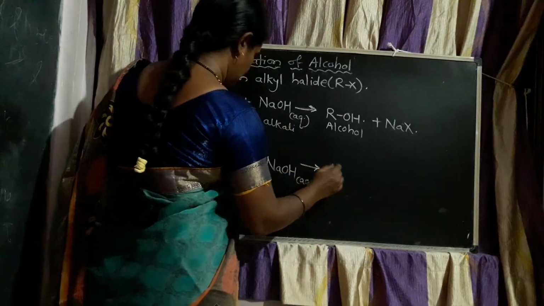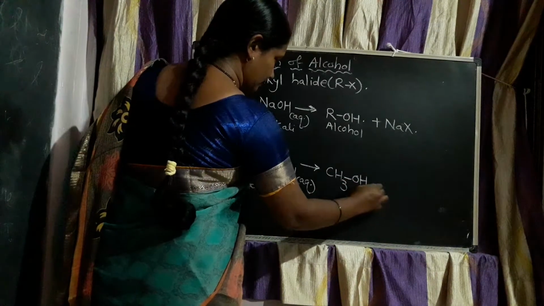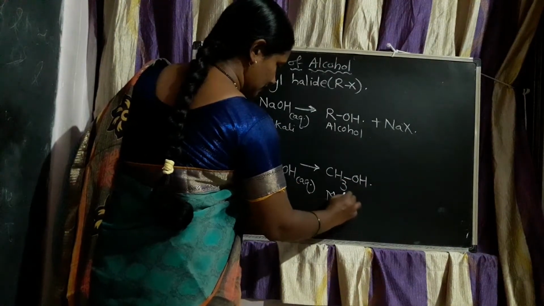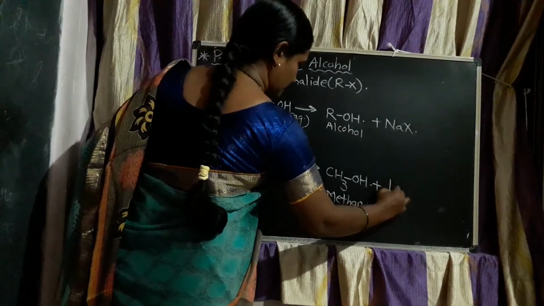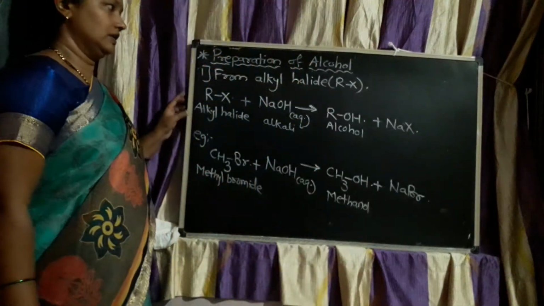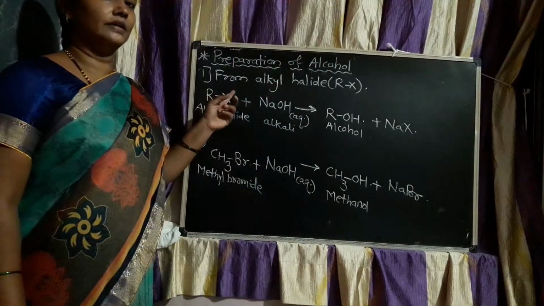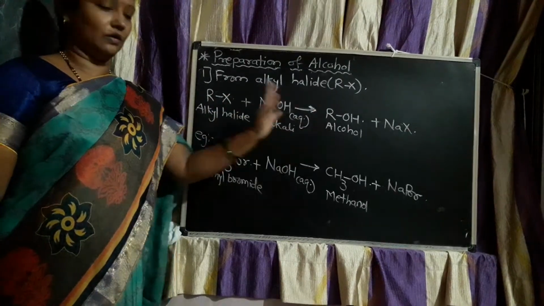Then here is the formation of methanol plus NaBr. The first method is from alkyl halide on aqueous alkali, it forms the alcohol.